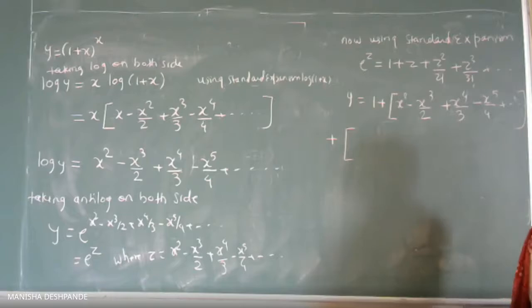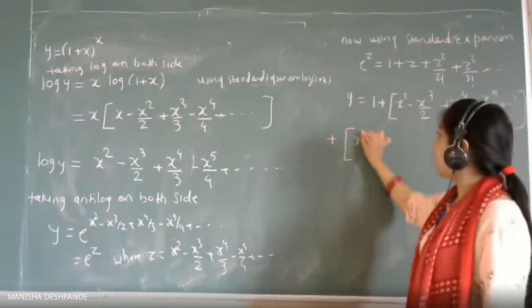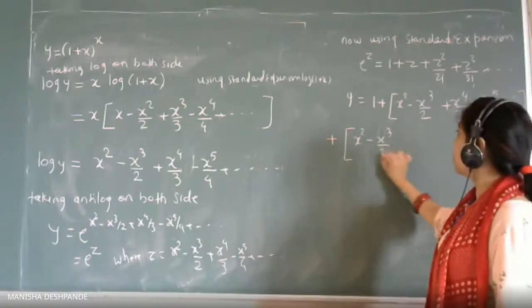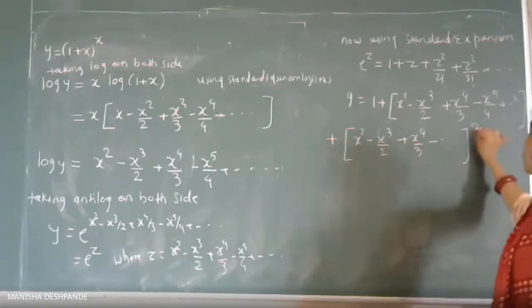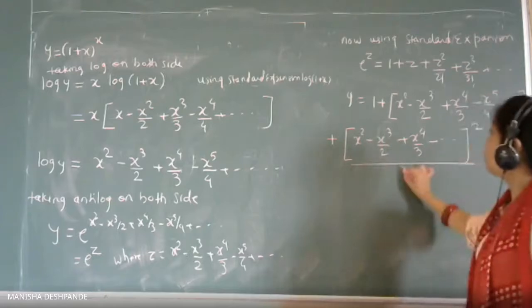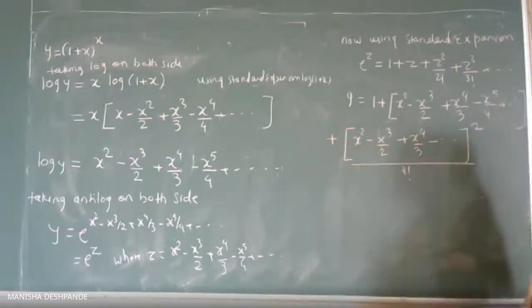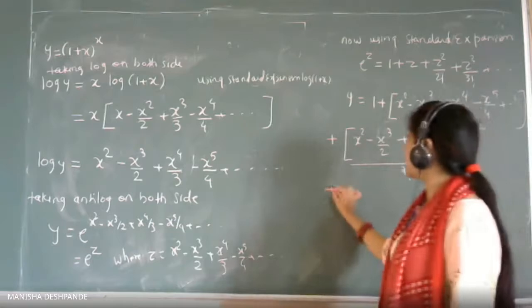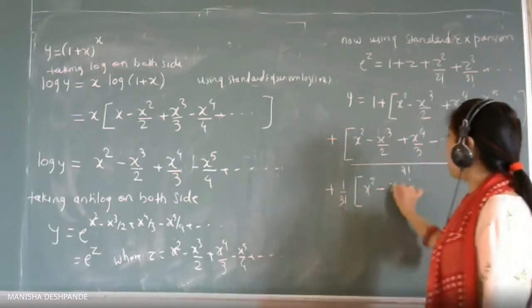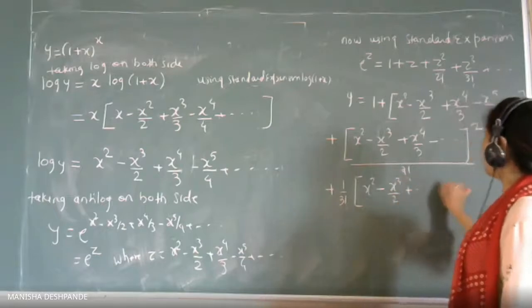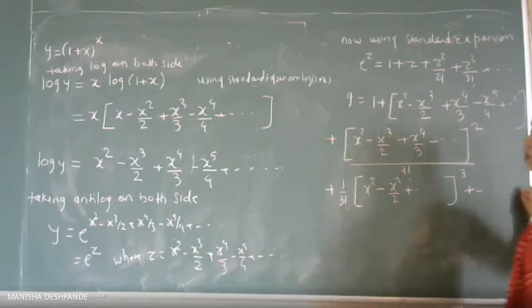This was z, so z squared will be this term, the whole squared, divided by 2 factorial. Don't forget that 2 factorial. Then plus 1 by 3 factorial into z cubed, so x squared minus x cubed by 2 plus and so on, whole cubed, and plus and so on.